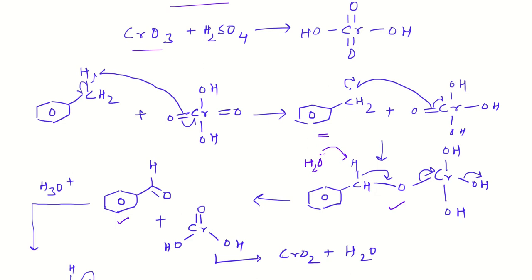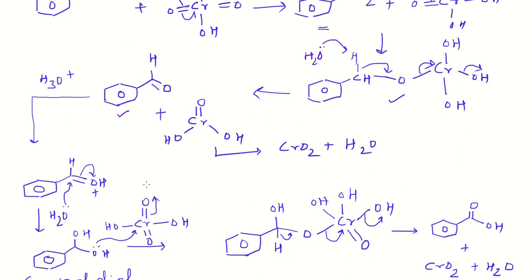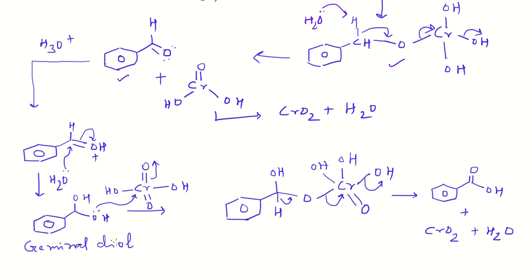After that, the benzaldehyde will be hydrated, and acid catalyzed hydration will take place. First the oxygen will be protonated, and then a water molecule will attack the carbonyl carbon atom in order to produce this geminal diol. After the geminal diol is formed, one molecule of chromic acid will attack this geminal diol to give this intermediate.